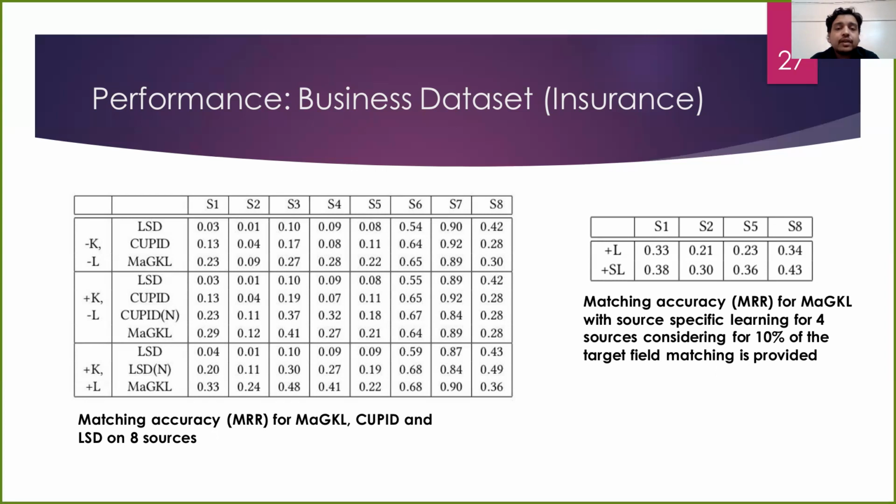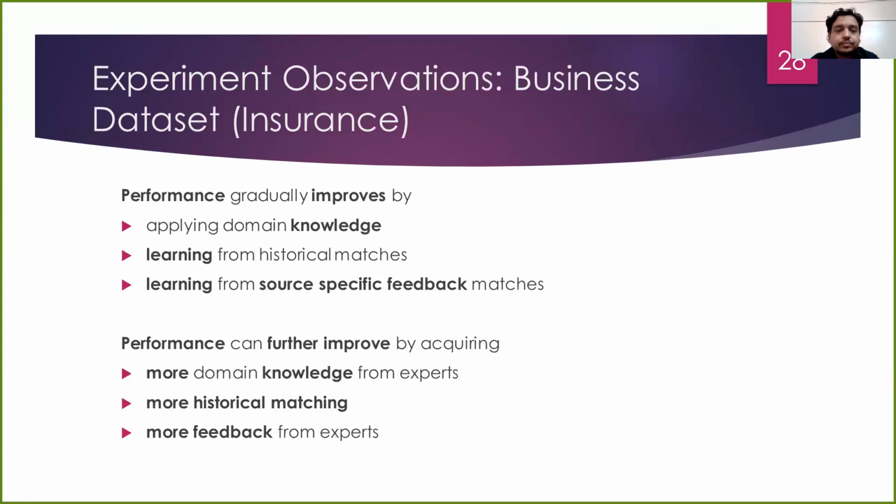We also show the advancement of the outcome by introducing source specific learning for 4 source schemas. Now we have shown how the domain knowledge in historical matching data and source specific learning improves the performance individually. So our performance can get even better by acquiring more and more such information from domain experts.